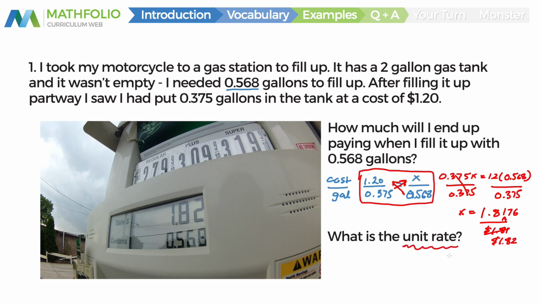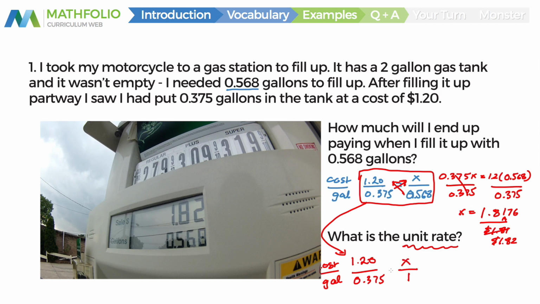Now it's asking for the unit rate as well. So the unit rate is the price per gallon. Now in this motorcycle, I've had to put in super and not regular. So that unit rate is going to be the amount that's displayed on the sign, because that's a price per gallon. But we should be able to calculate it from here. If we take this first amount here, that it was $1.20, and that was the cost, and that was per 0.375 gallons, the unit rate is per 1 gallon.